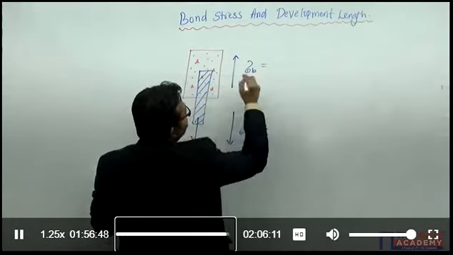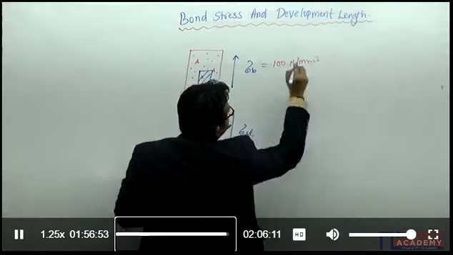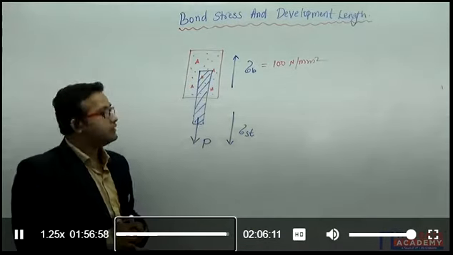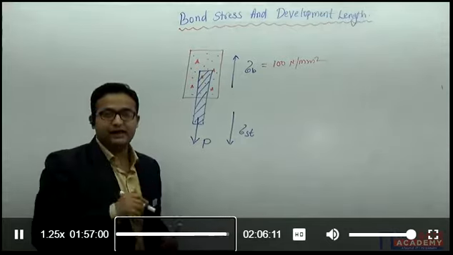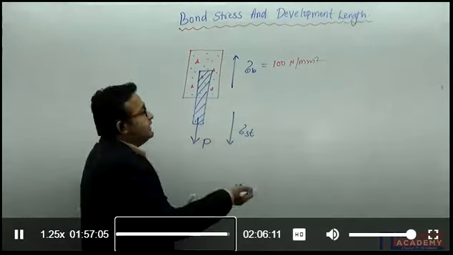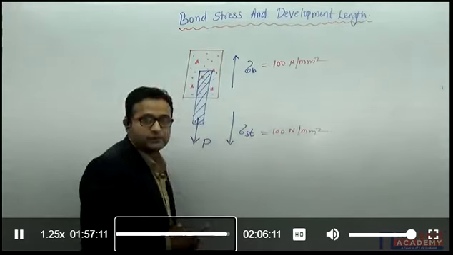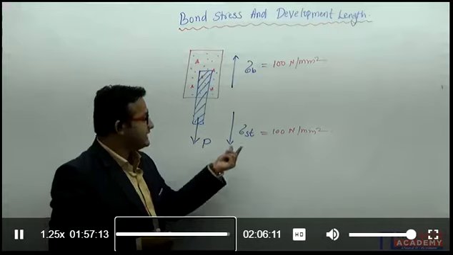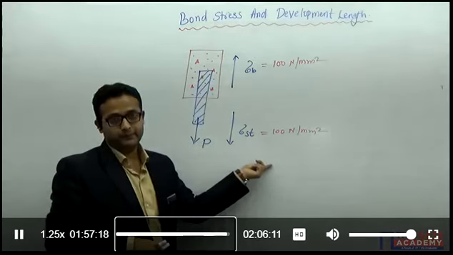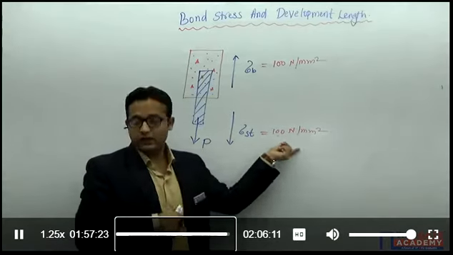Suppose sigma B can take 100 Newton per mm square. So sigma ST should be 100 Newton per mm square to make it stable, in an equilibrium condition. That means this sigma ST becomes its maximum value.